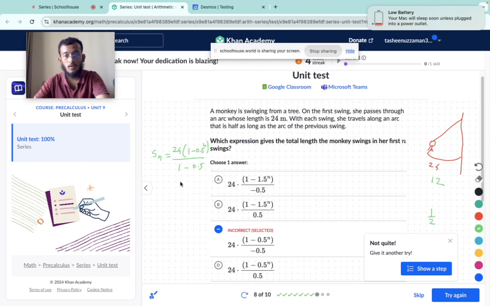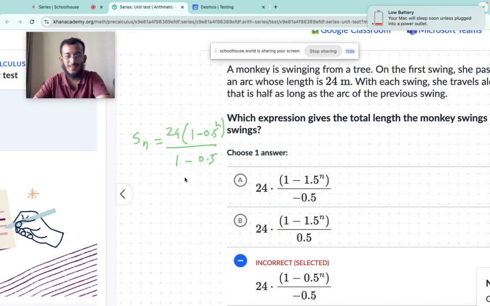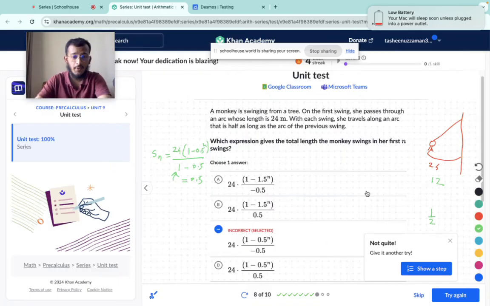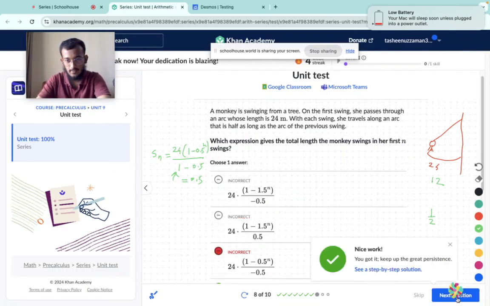Oh sorry, my blunder, 1 minus 0.5 equals 0.5, so that will be D.